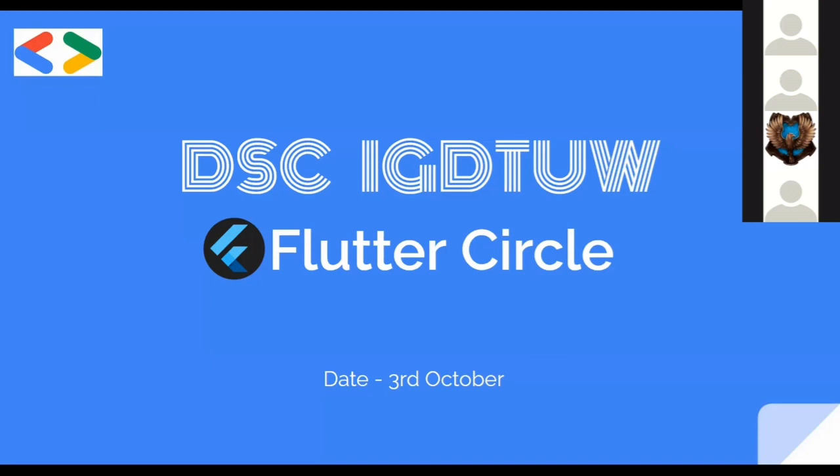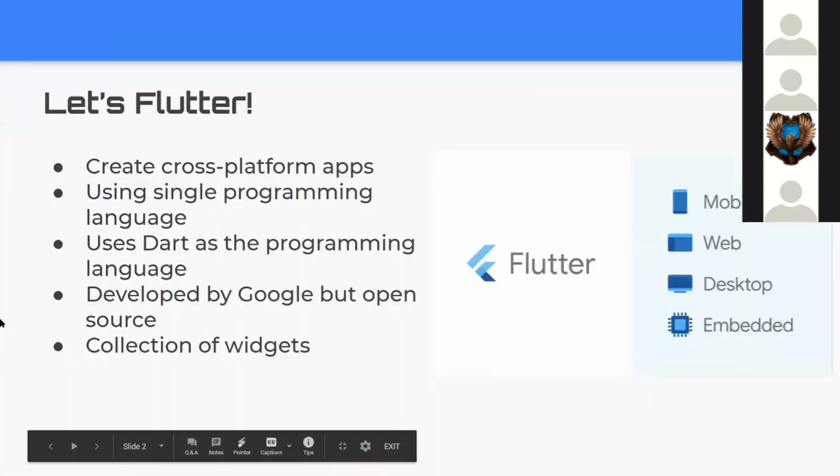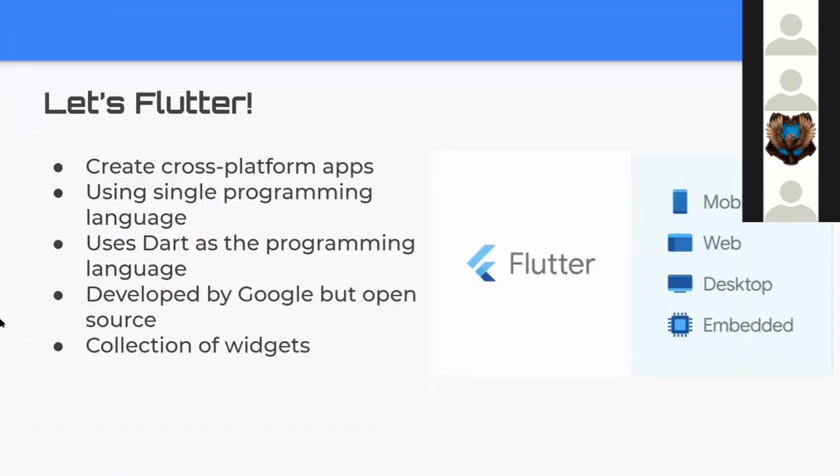Hello everyone, I'm Diksha Sharma, Project Coordinator for Flutter, and today I'll go through the basics of Flutter. So, basically, Flutter is a cross platform framework. It's used for making cross platform apps like mobile, web, etc., and integrates them with a single programming language.